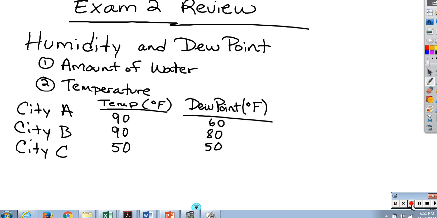And so even though City C is unable to hold any more moisture, it wasn't able to hold much to begin with because of the lower temperatures compared to Cities A and B. City A has a lower dew point, so it's not that uncomfortable, but the temperature is still high, so you have to deal with that.